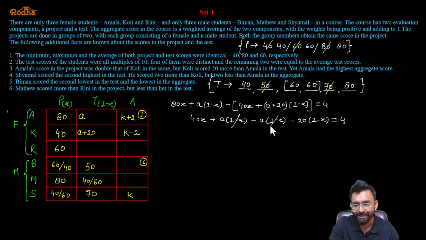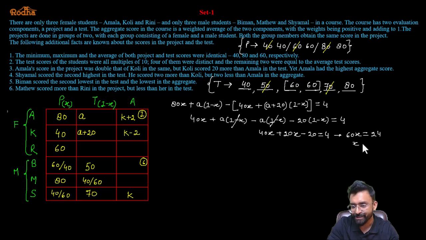So a into 1 minus x cancel हो गया. This is 40x plus 20x minus 20 is equal to 4 plus 20x minus 20 is equal to 4. This will tell us 60x is equal to 24.